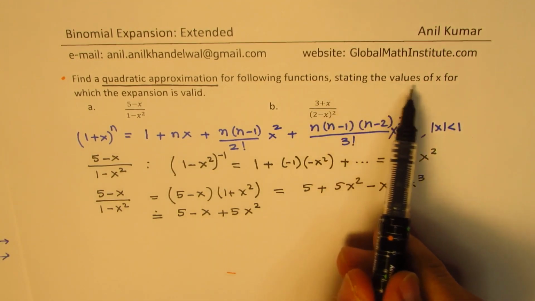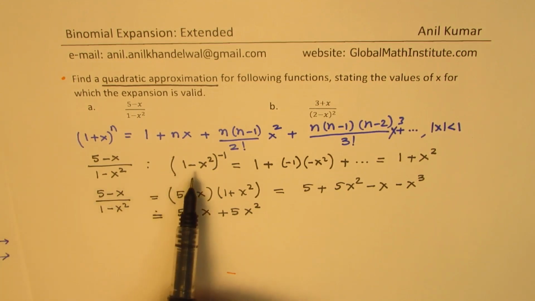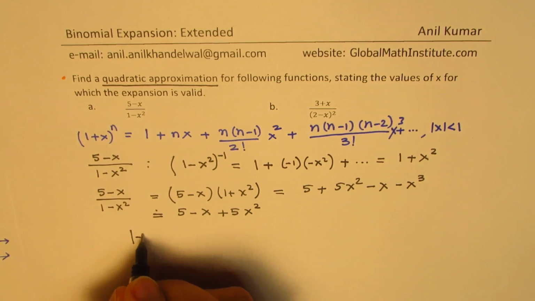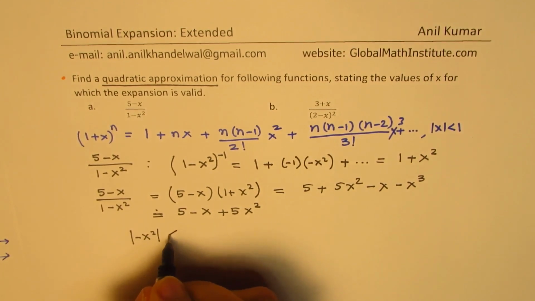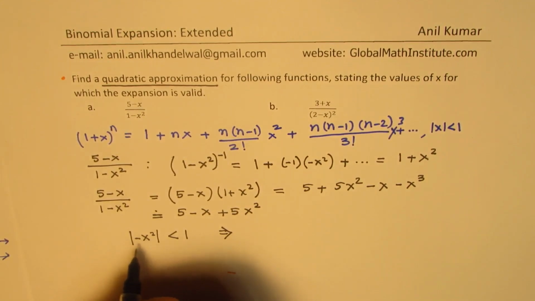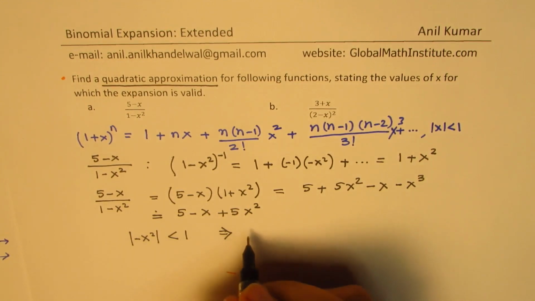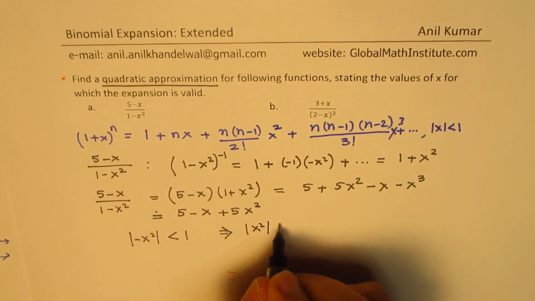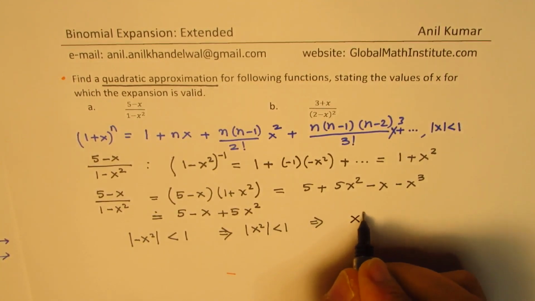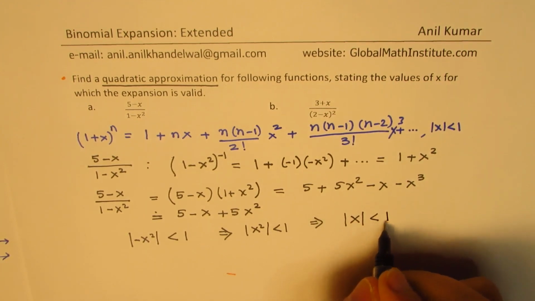Now we need to state the values of x for which the expansion is valid. Since we expanded this part, what we have here is that the absolute value of minus x squared should be less than 1. And that really means the absolute value of x squared is less than 1, so the absolute value of x is less than 1, that is, x is between minus 1 and 1.